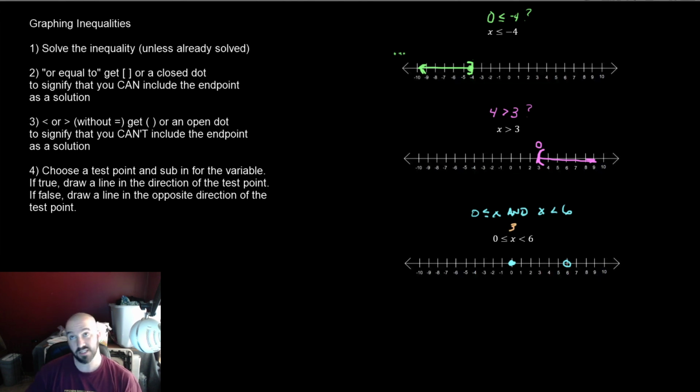Is 3 less than 6? Yes. The and statement says they both must be true. So because they were both true, you just connect the two dots with a line. You want to go all the way in between the two dots, otherwise somebody's going to question, did you mean to include 5? So make sure you go ahead and fill all of that in.